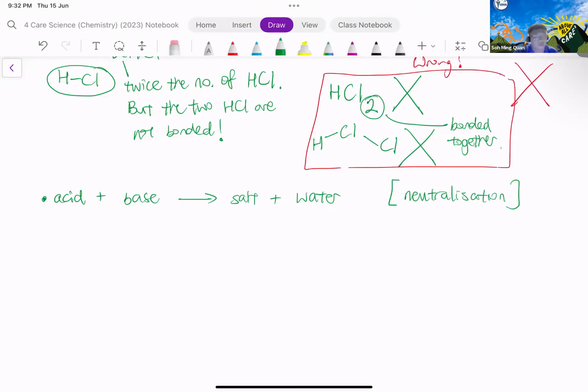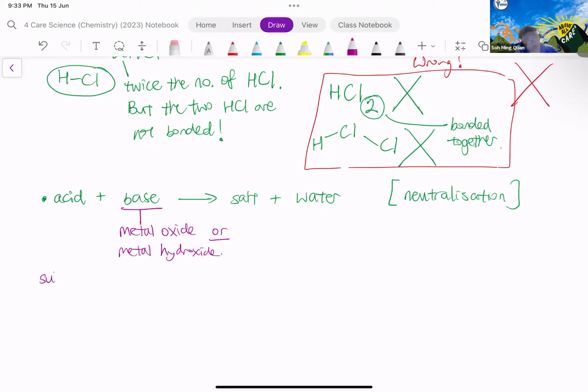Now, how do you know if something is a base? Something is a base if it's a metal oxide or a metal hydroxide. Okay, so it's either a metal oxide or metal hydroxide if it is a base.